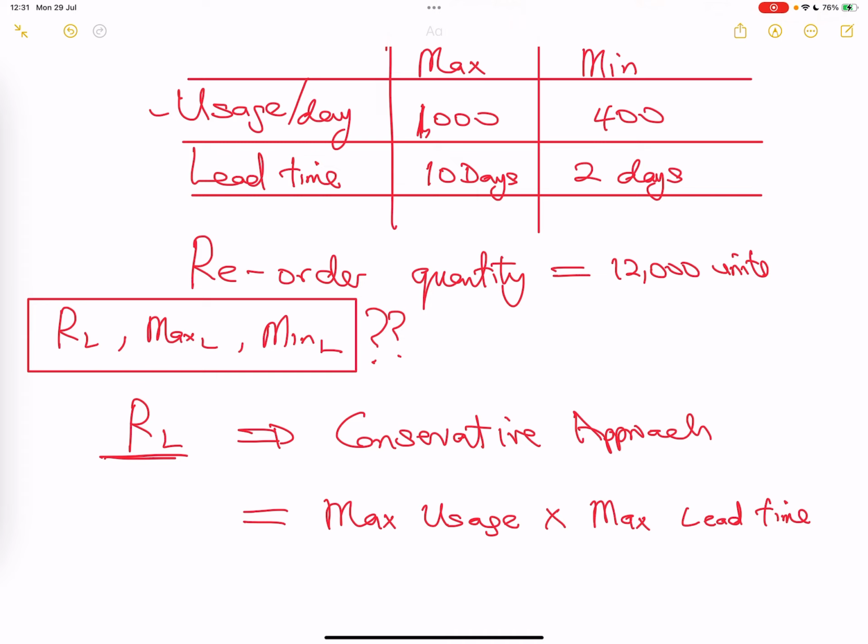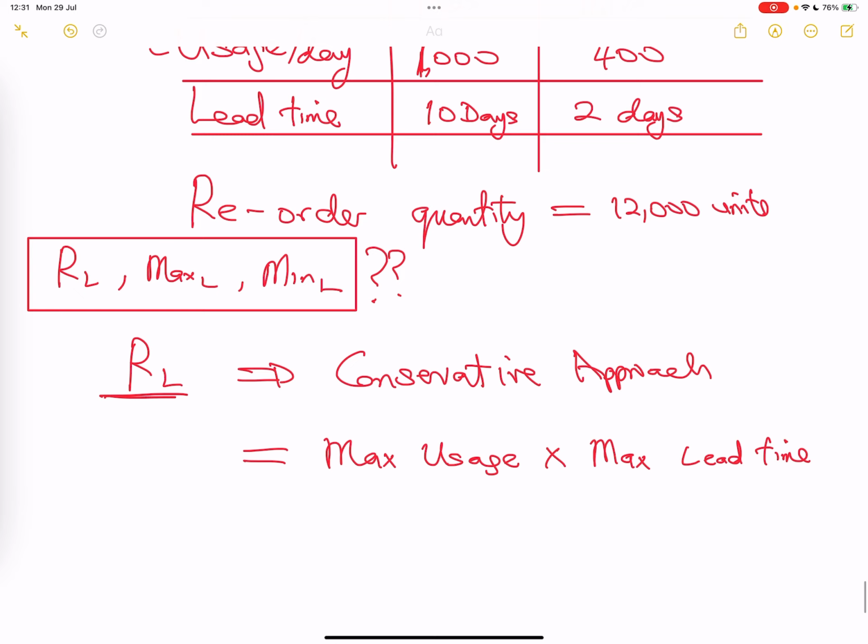And likewise, if it's going to take us 10 days to get a fresh order into the warehouse, what that means is that we need inventory. That's what reorder level is saying.